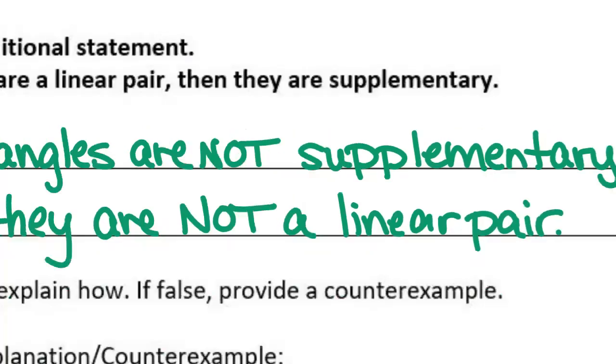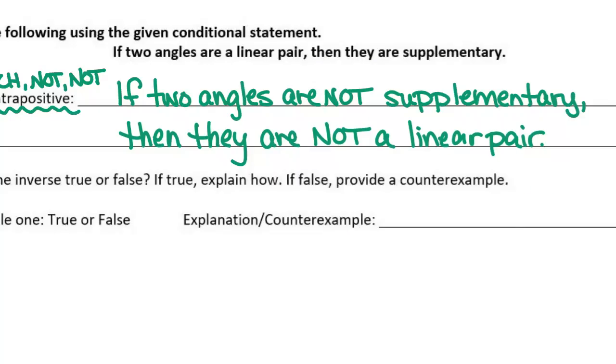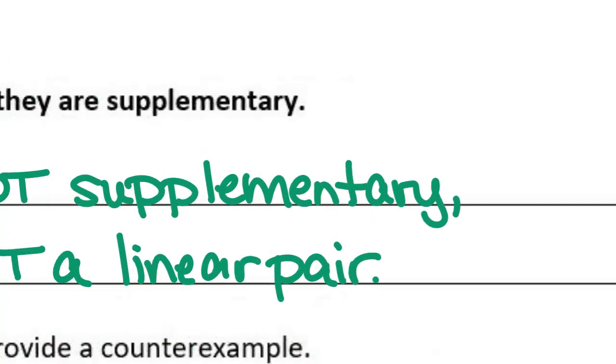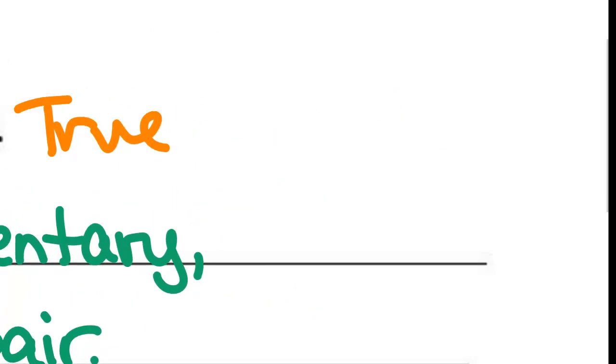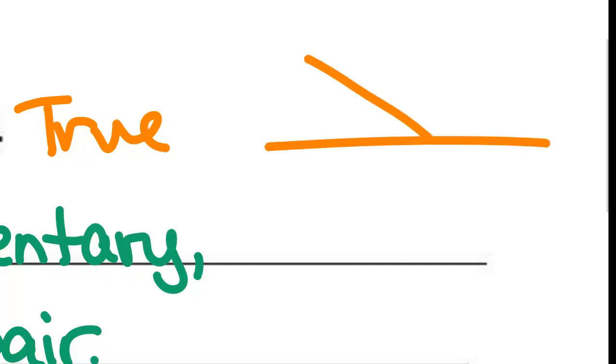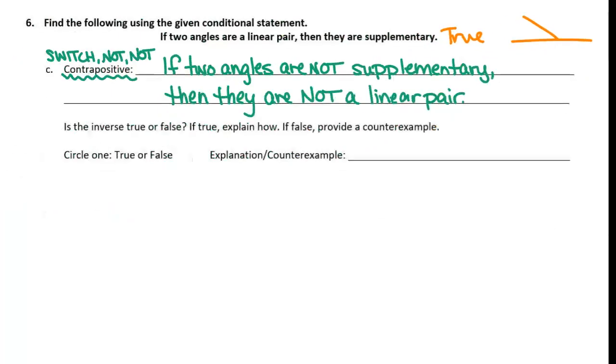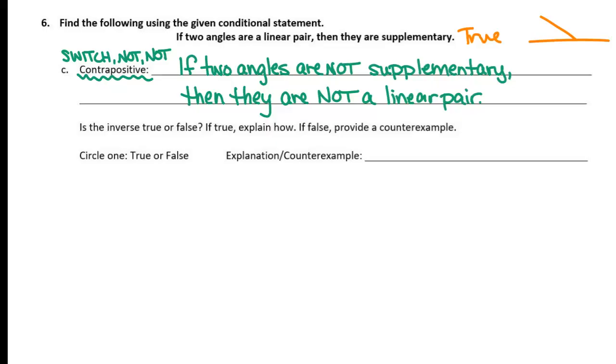Do you remember how I said the converse and the inverse will always have the same truth value? The original statement and the contrapositive will have the same truth value. What did we say about this original statement? Was that true or false? We said that that was true. And we even had a picture to go along with it. There's my linear pair. So if that's true, what about this one? Would also have to be true.